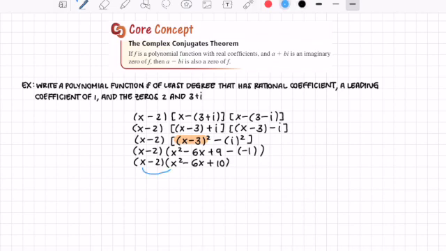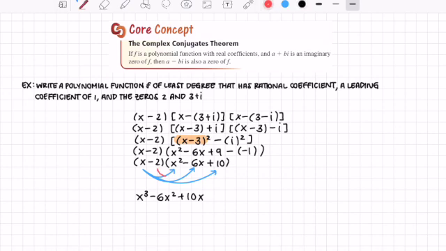x times x squared first, and that equals x to the power of 3. Then x times negative 6 gives me negative 6x to the power of 2. And we also have here x times 10, which is just equal to positive 10x.